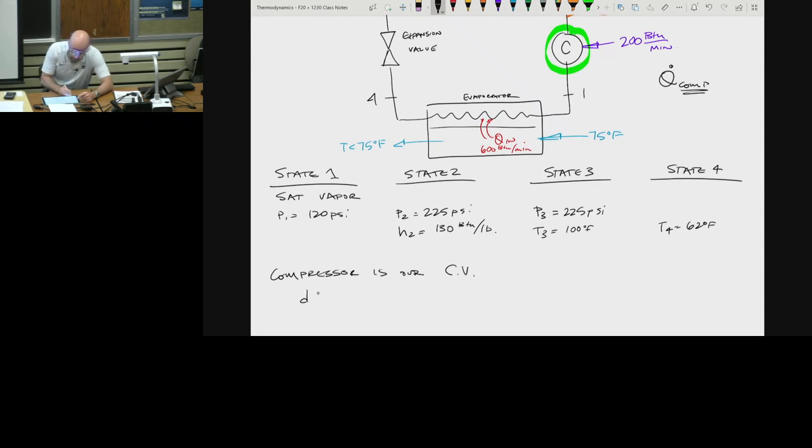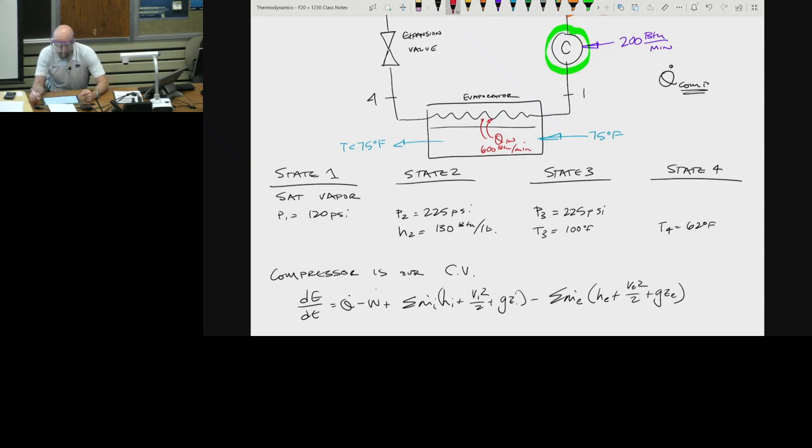Okay, so I'm going to write this whole thing out. dE/dt is equal to Q dot minus W dot plus the summation of my mass flow rate in times my enthalpy in, my kinetic energy in, and my potential energy in, minus the summation of my mass flow rate exiting times my enthalpy exiting, kinetic energy exiting, and potential energy exiting. We are going to assume that this air conditioning system is running, in the steady state portion, so dE/dt goes to 0.